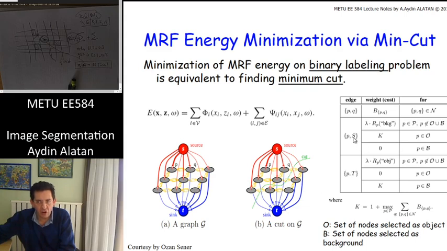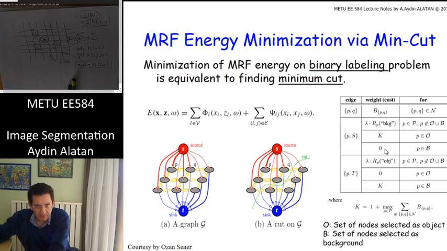Therefore, I give the cost P, PR, lambda R, assuming this is the background, okay? And if I write it to here, okay? Now, similarly, I write the object cost when you have this thing to here. Now, these two are for this purpose.